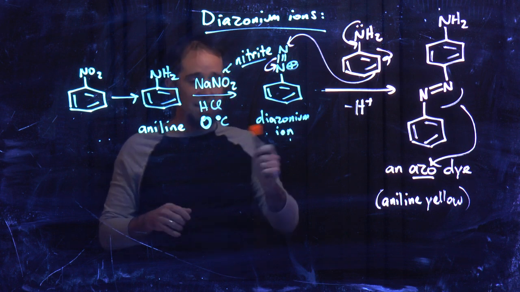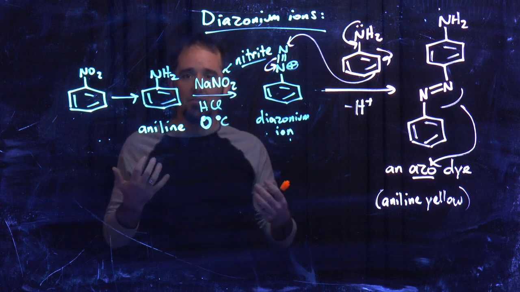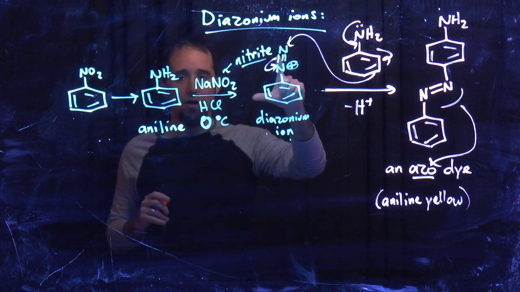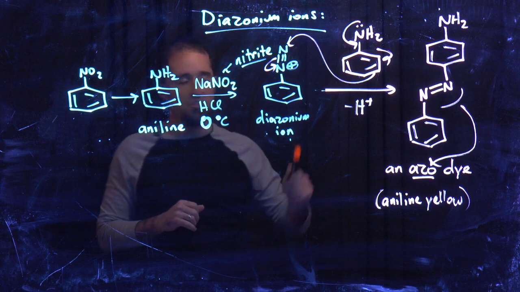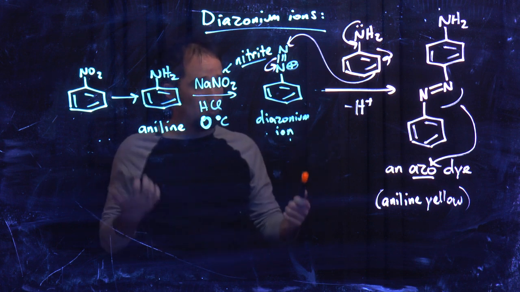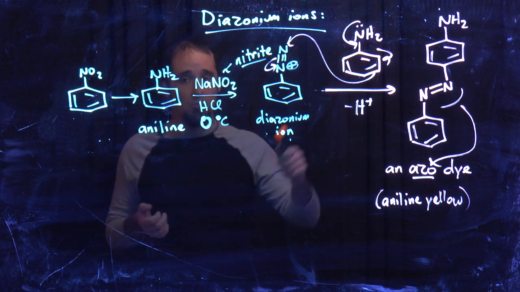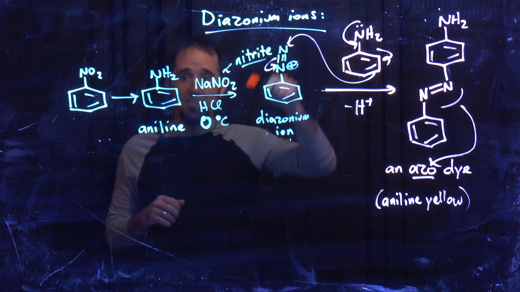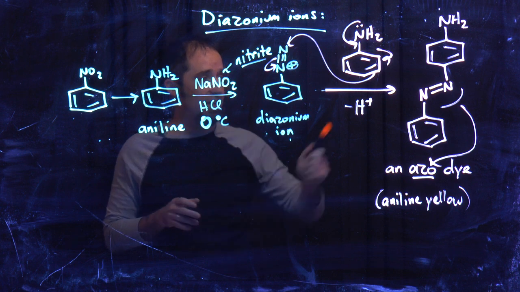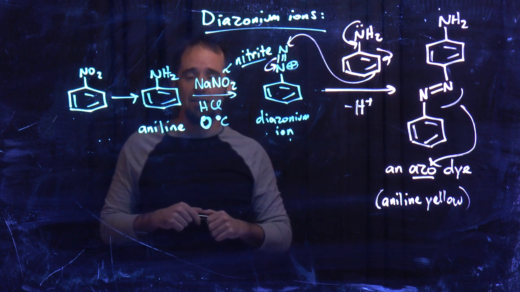Right? So with these diazonium ions, usually we think of their chemistry as I'm going to pop off that N2 and add some other nucleophile, be it water or a halogen or cyanide. But with some nucleophiles, especially some aromatic nucleophiles like this, I can actually add in and get an azo dye complex.